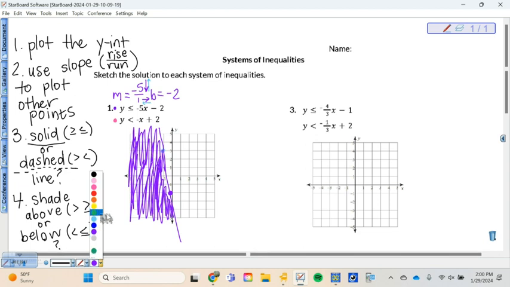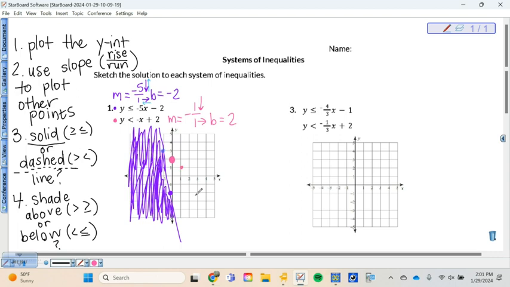So my pink line, what's the y-intercept? 2. That's where I start. What's my slope? Just -1 over 1. That means I go down 1 over 1.